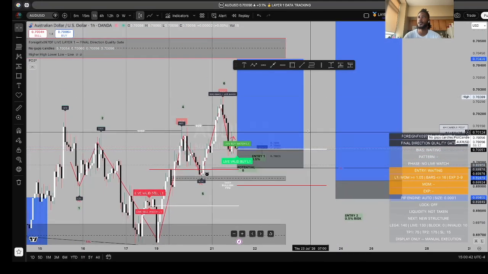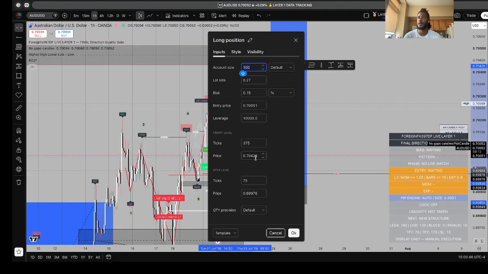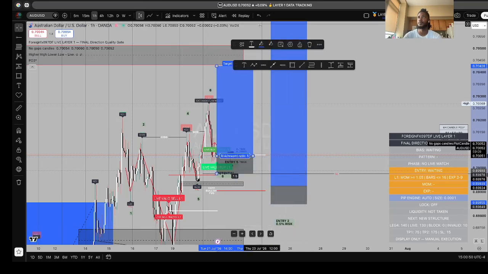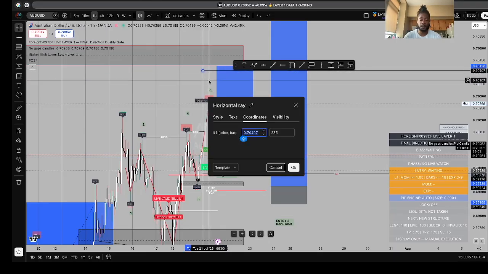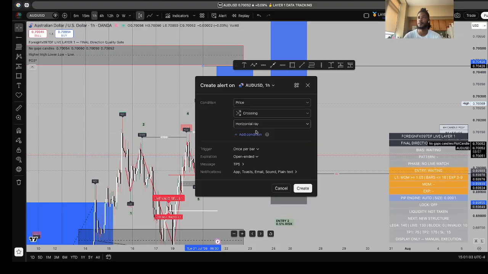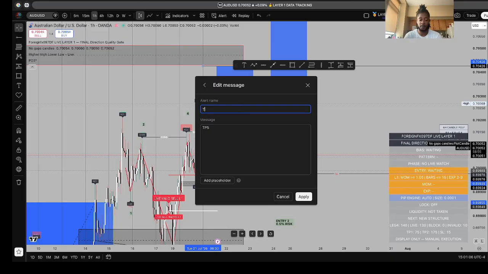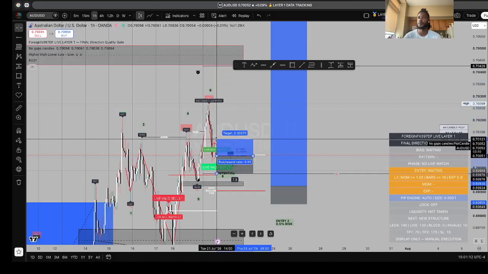At the moment I'm positioning myself with my alerts, so when I'm not by the chart, I get notified. So that is TP5. So TP5 hit.